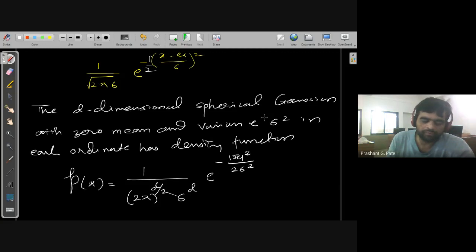And therefore we have a very interesting result known as the Gaussian Annulus theorem. Formally it says that nearly all the probability is concentrated in a thin annulus of width big O of 1 at radius root d.